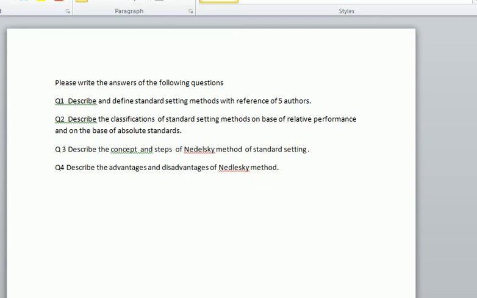Question number 3, describe the concepts and steps of the Nedelsky method of standard setting. And the fourth and last question is, describe the advantages and disadvantages of the Nedelsky method.